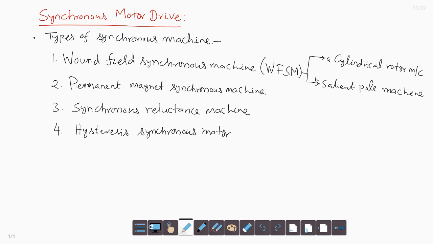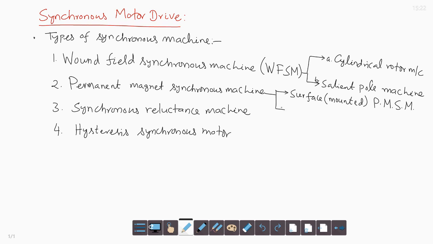In permanent magnet synchronous machine, it is also of two types. First is surface permanent magnet. Surface means surface mounted permanent magnet synchronous machine. That means the permanent magnets are mounted on the surface.